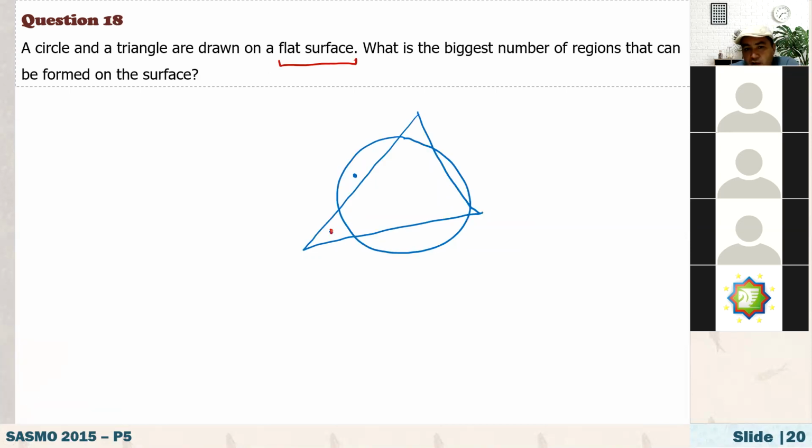So this one is 1, 2, 3, 4, 5, 6, 7, and one more outside. It is 8. So the answer is 8. Okay, Aydın, if they ask on a rectangular piece of paper, your answer would be correct. But here it says flat surface, that's why it doesn't have a border.